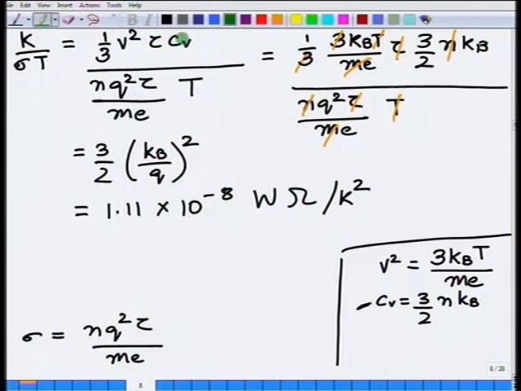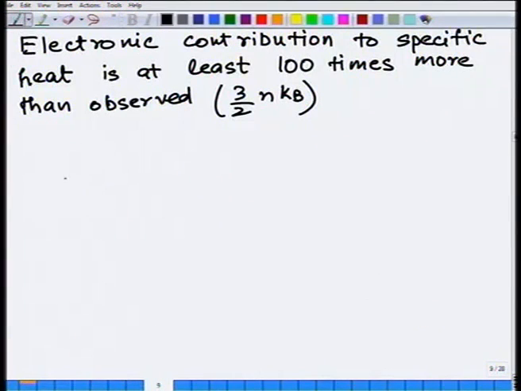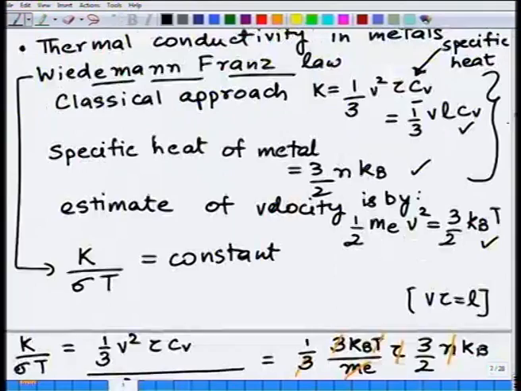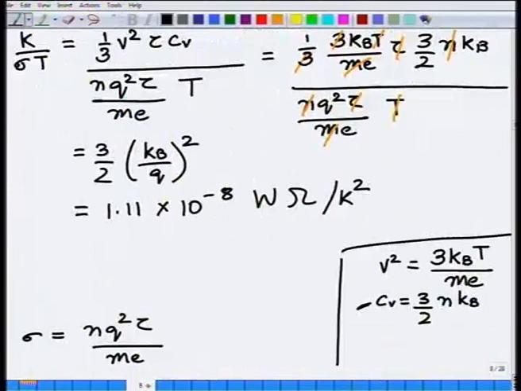So, this underestimate of velocity by 10 times, with a v squared, and the overestimate of C_V by 100 times, means the two errors cancelled out, and you got something very close to reality in Drude's theory. Let me just repeat this part. Okay, so this is in Drude's theory.